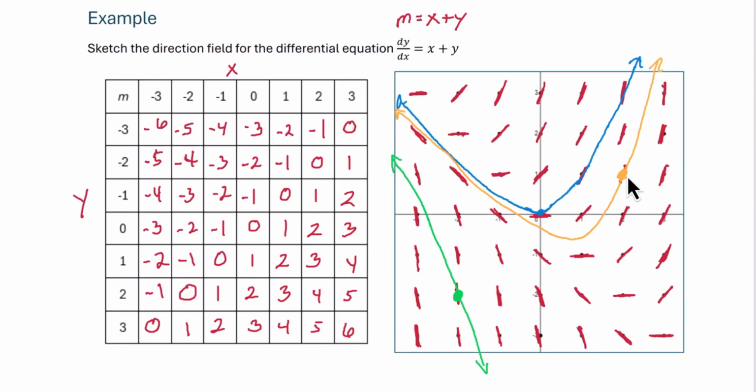And let's maybe do one more example. Let's say we wanted to go through 1, -2. So if we're going through 1, -2 down here, notice that that is on that slope of -1, kind of an asymptote there. So that's just going to go through that slope of -1.